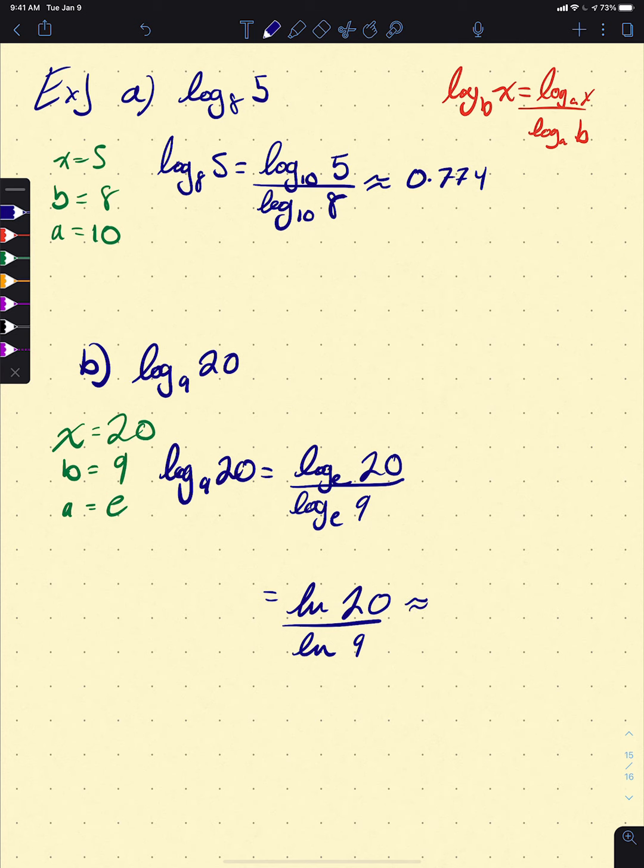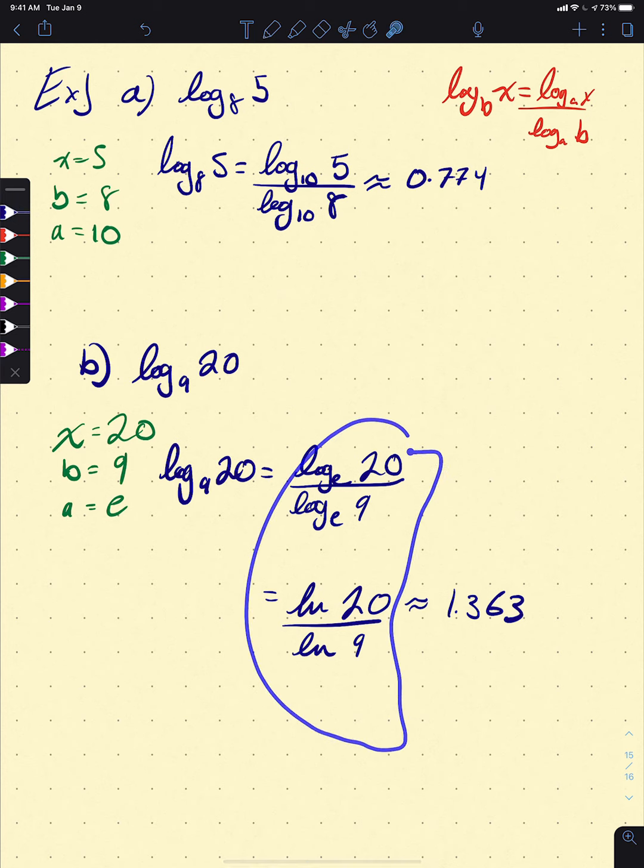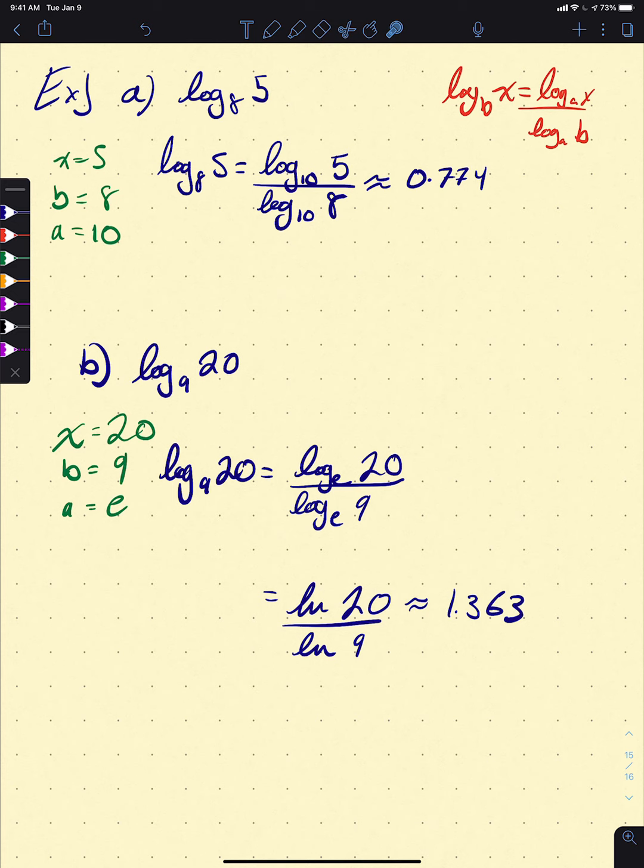That's going to give you about 1.363 if you punch that into a calculator. Again, you could totally put this in the language of the common log and get your answer. You could do log base pi here for your value of a, and you would always get this answer.